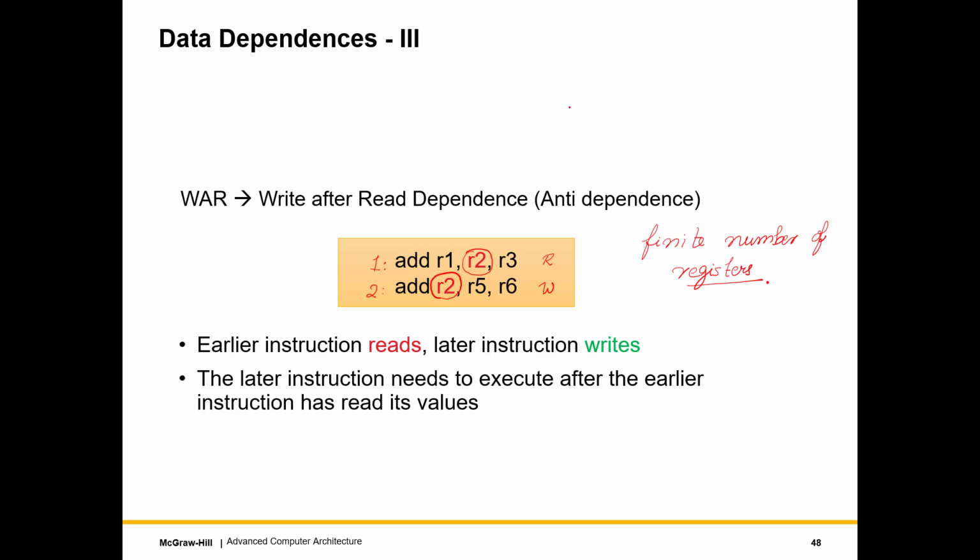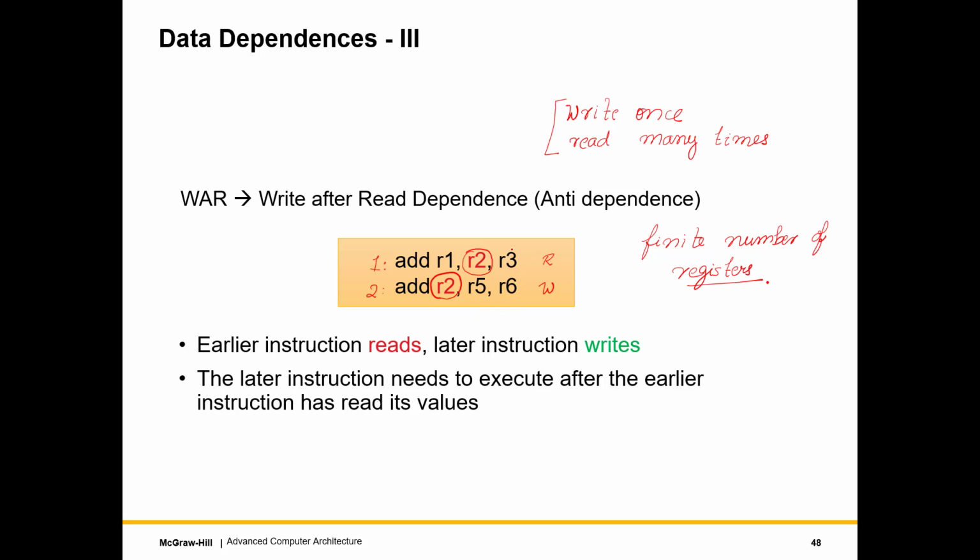So essentially, if we have this model, write once, read many times, we will actually not have both WAW output dependencies and anti-dependencies.